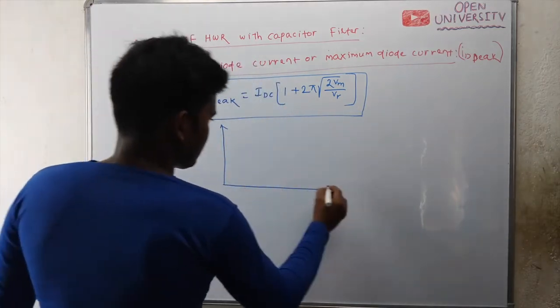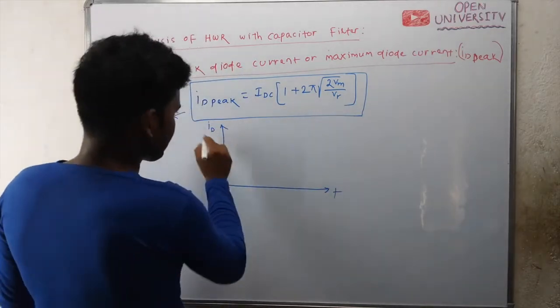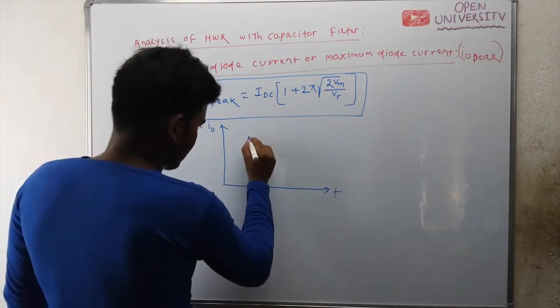This is time, this is your current through diode. ID is the current through the diode.